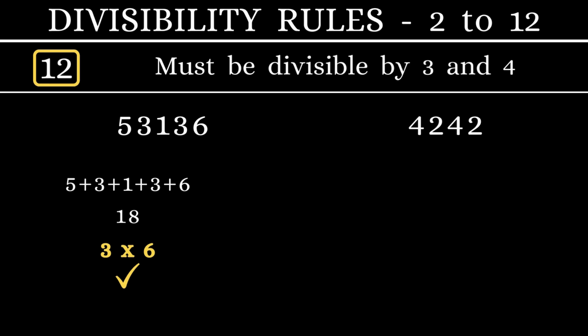We also have to check if it is divisible by 4. For that, let us pick out the last two digits. 36 is a multiple of 4 and hence this number is divisible by 4.